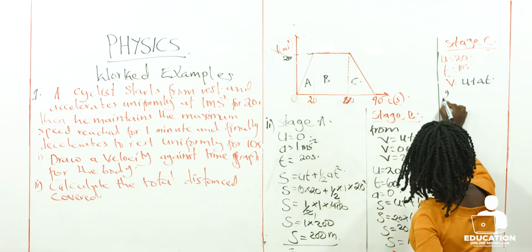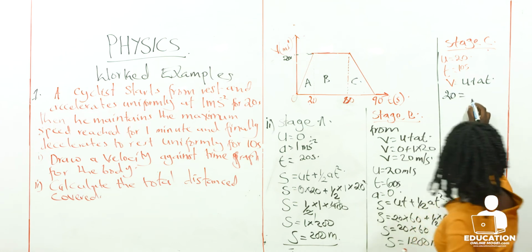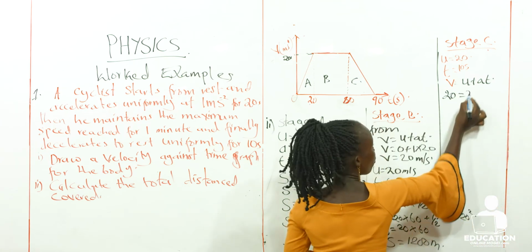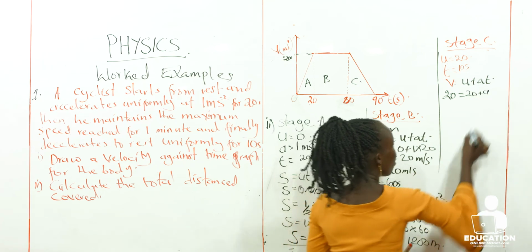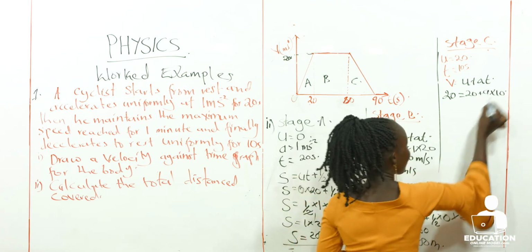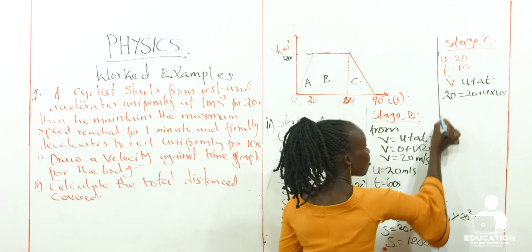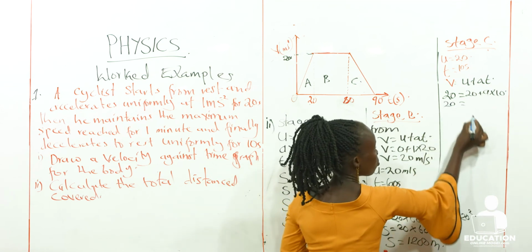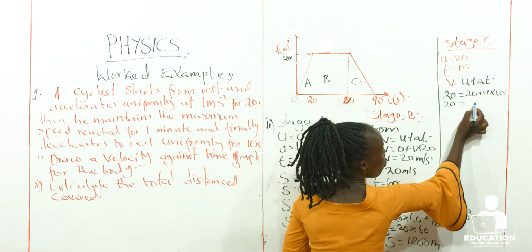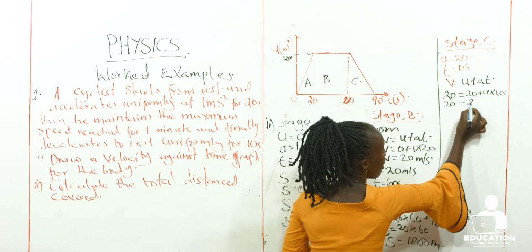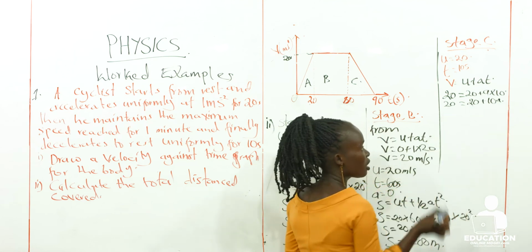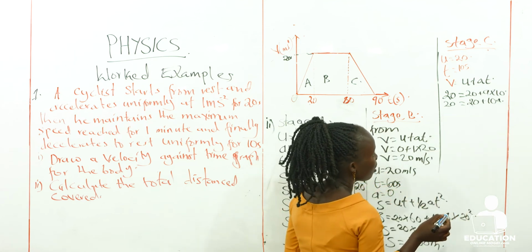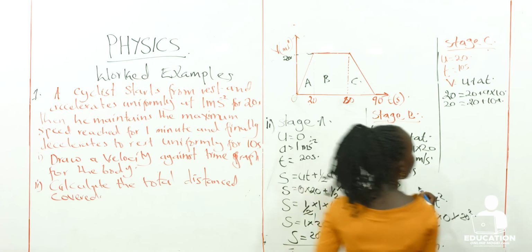So we shall have 20 equals 20 plus our deceleration we are looking for, and the time was 10 seconds. So we take our 20 this side. What shall we be left with?